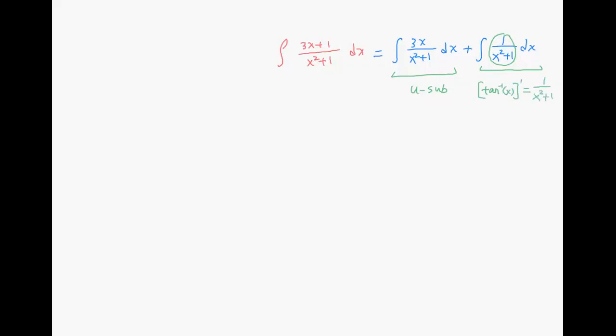Okay, now we only need to deal with the first term, which is the u sub. All right, now as before, we choose u to be x squared plus 1. du over dx will be 2x, dx will be du over 2x. Now we rewrite only the first term on the right-hand side, where the numerator will be 3x, over u, du over 2x.